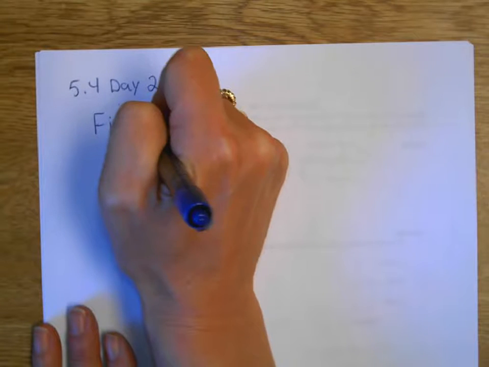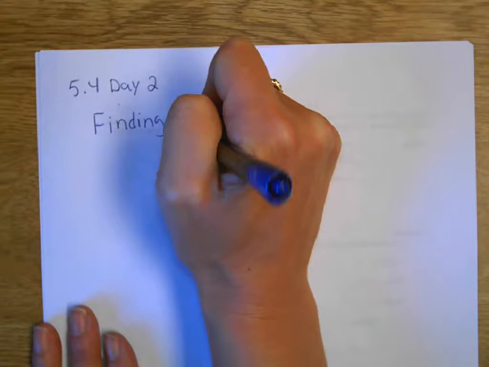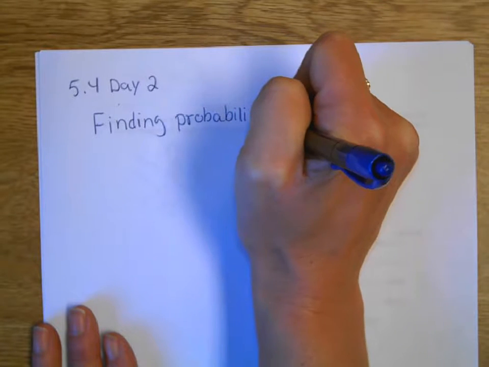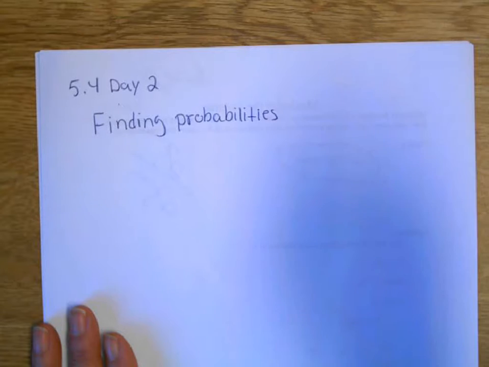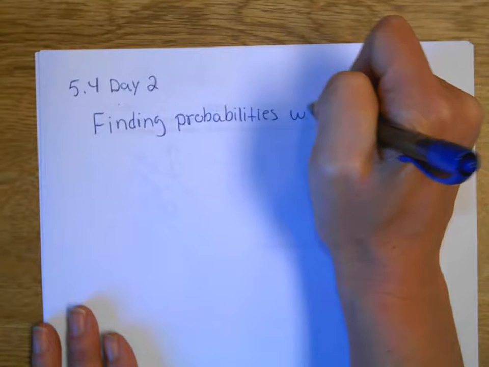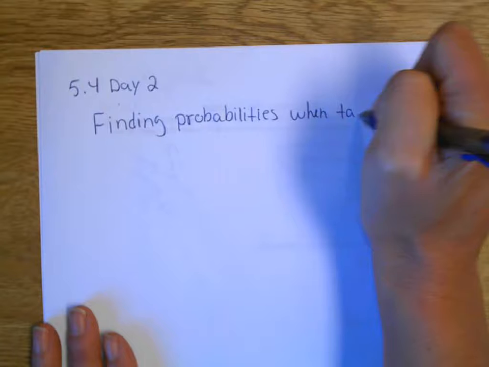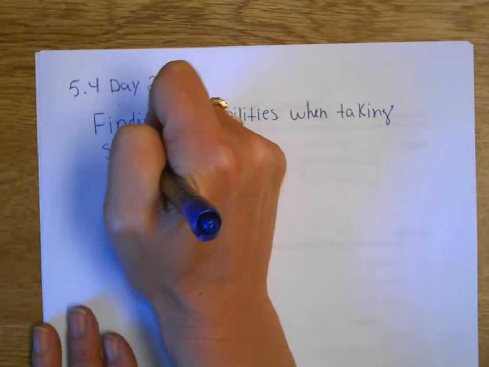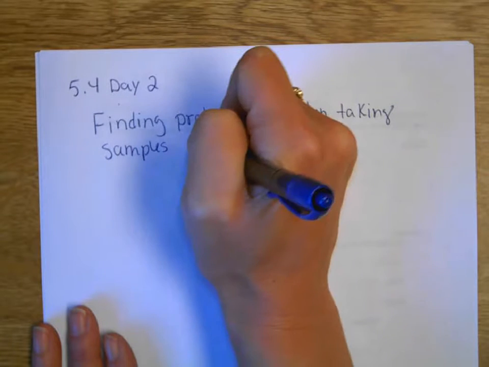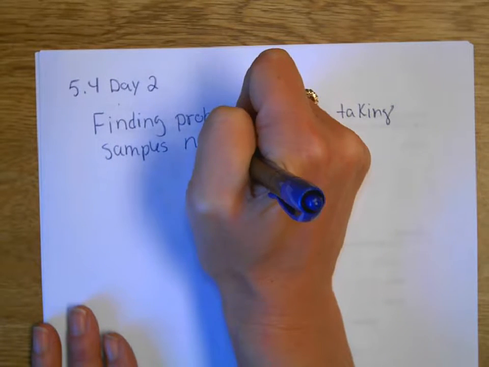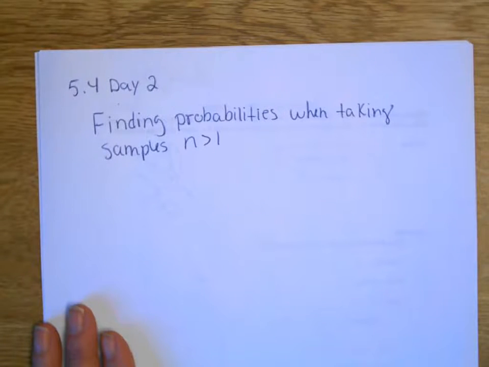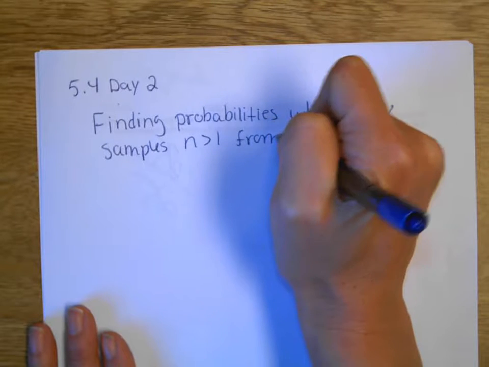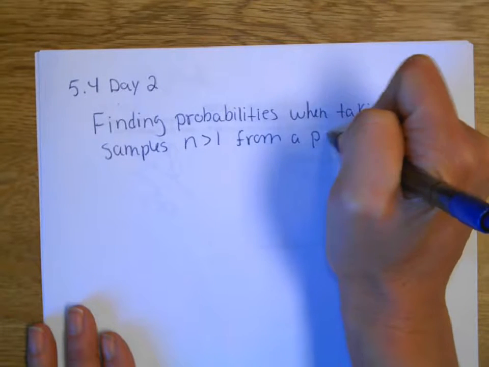So we are going to be finding probabilities when taking samples greater than 1 from a population.